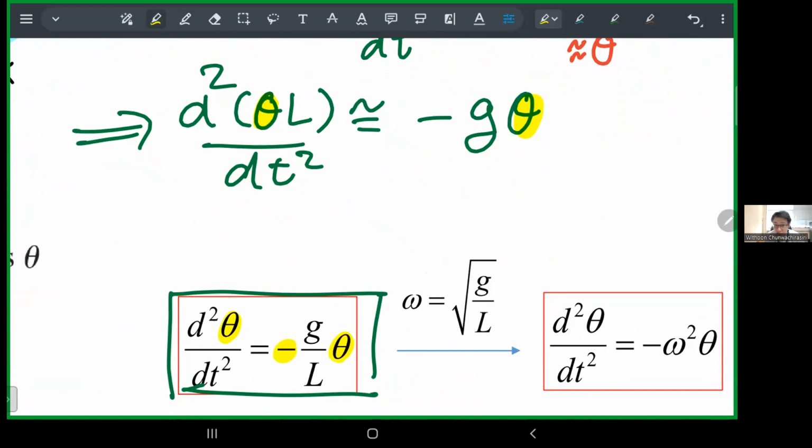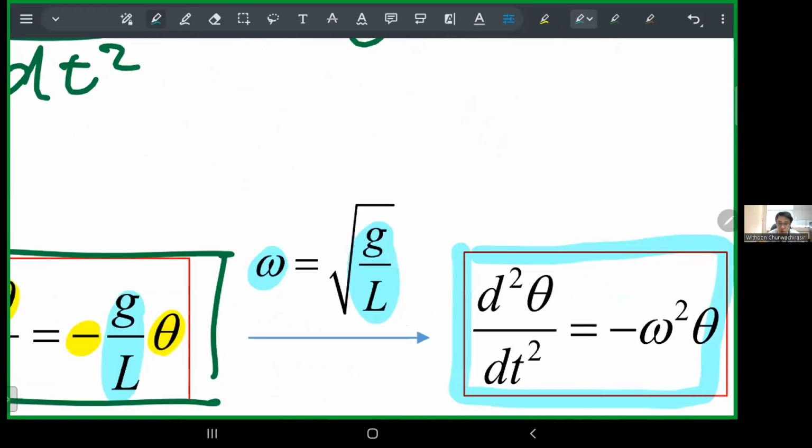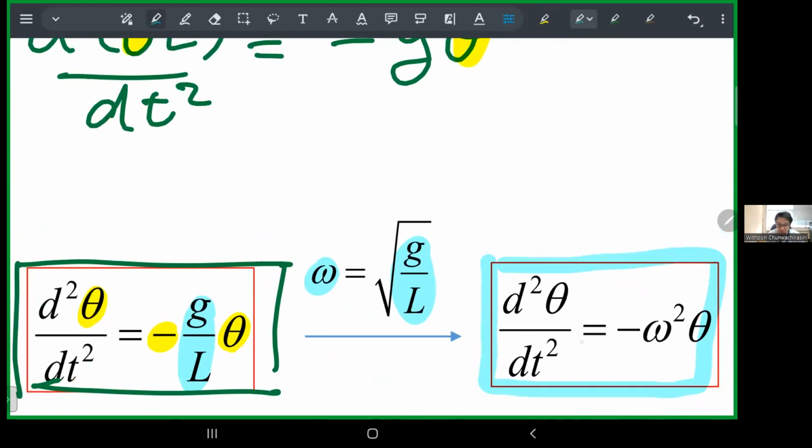Theta must be sine or cosine. The factor that shows up in the front, the square root of this factor will give you the omega right there. And you see the common pattern over here now. Whenever from now on you see an equation that looks like this, d2 by dt2 equal to negative omega square, the solution is simple harmonic.